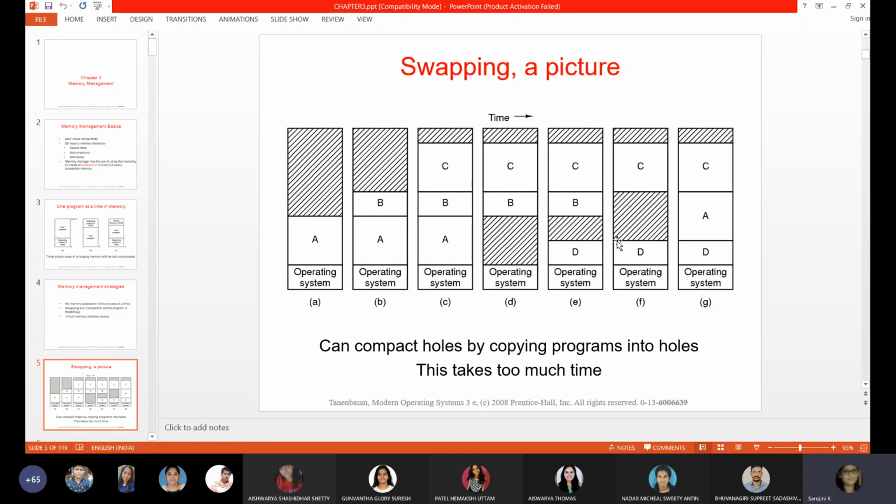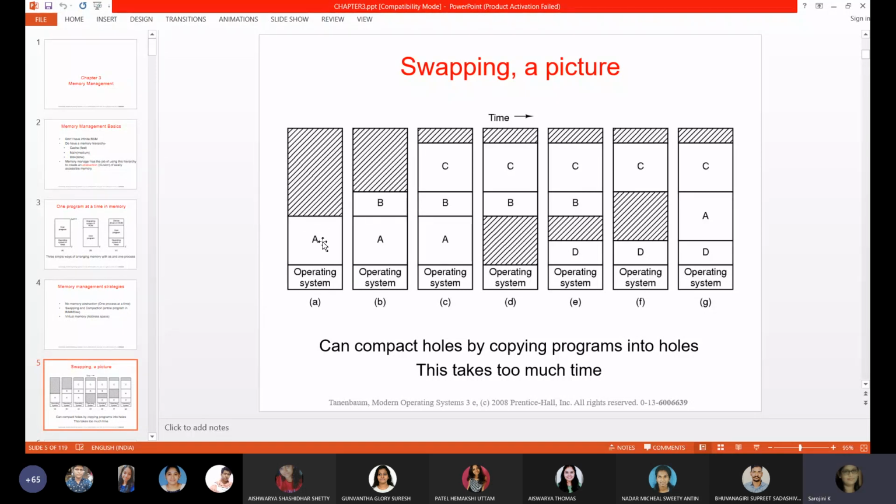Now look at this diagram. The stripes, these are empty space. Assume that there is an operating system in RAM during the execution. Process A comes. This is about swapping. Of course, by that time the entire RAM is free, so process A's program will occupy it.